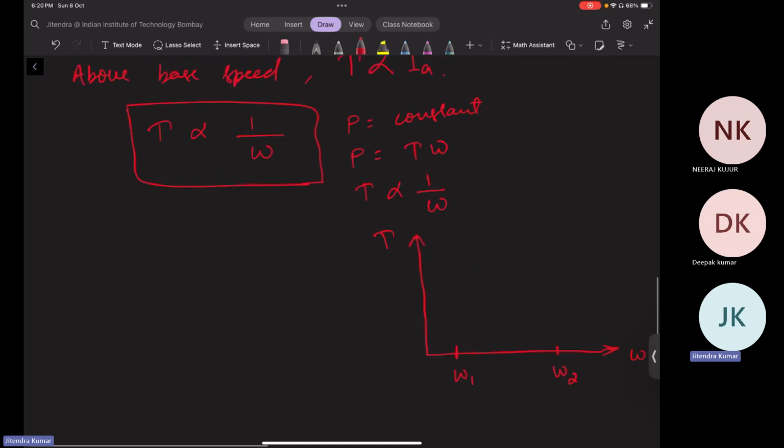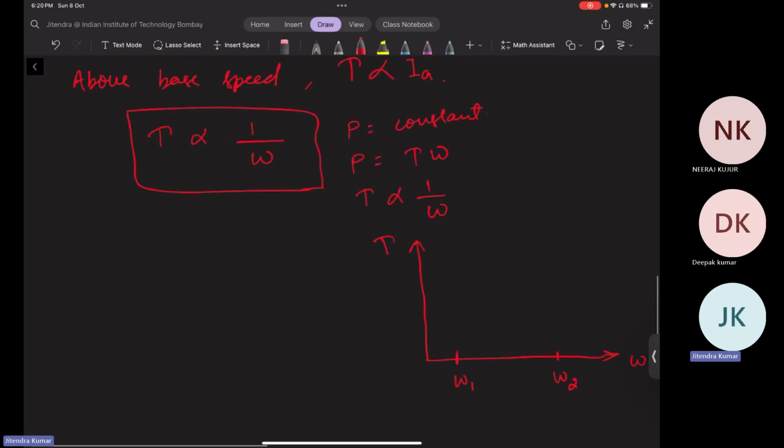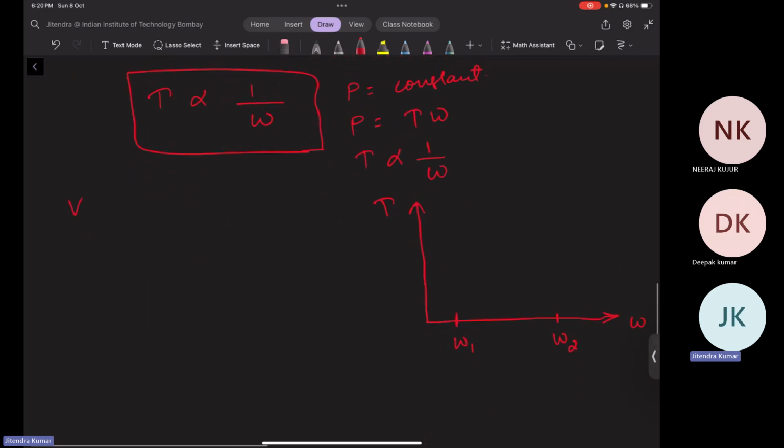Let me derive it for you. If you write Vt is equal to Eb minus Ia into Ra plus Rf. Now, Eb is K phi omega, minus Ia, and Ia we can write as torque divided by K phi, into Ra plus Rf. Do you agree till now?